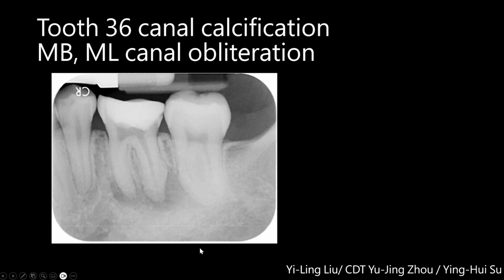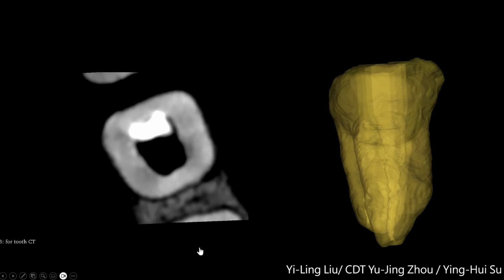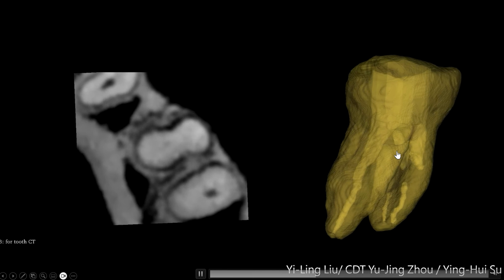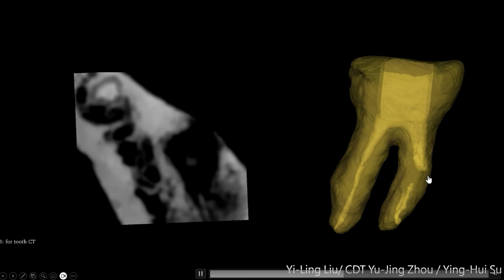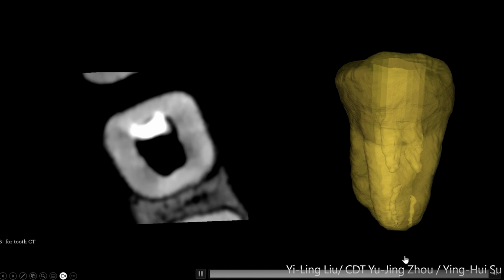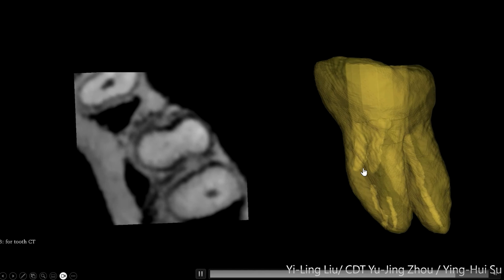If you can see this CBCT reconstruction, he tried to get to the root canal, but the root canal is still at the very bottom of this tooth. And as you can see, the direction is going the wrong way. It's already going the wrong way.